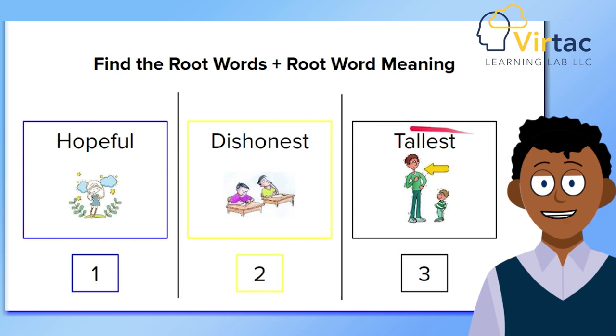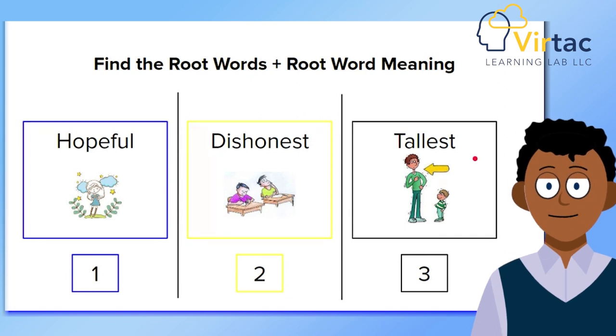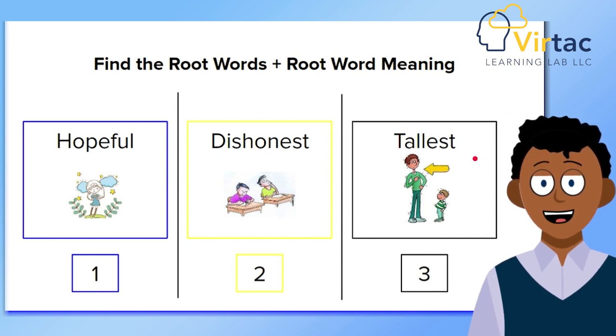Lastly, write what you think the meaning is for the root word in tallest. Press pause so you can write down your word tallest, then highlight the root word, then write down its meaning. Press play when you are ready to proceed.